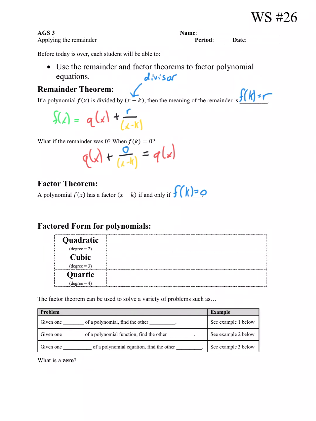When you're writing the equation, does x minus k have to be in parentheses? No, it doesn't. Okay, good question. It does not have to be in parentheses there. So when I say a polynomial has a factor, that means the remainder must equal 0.